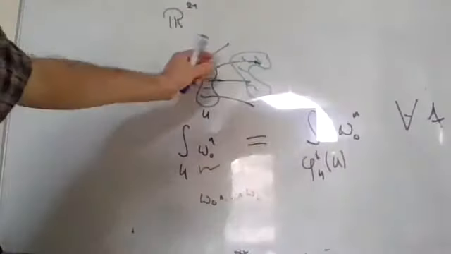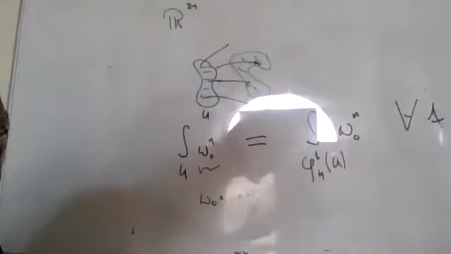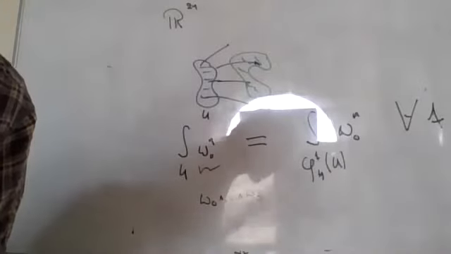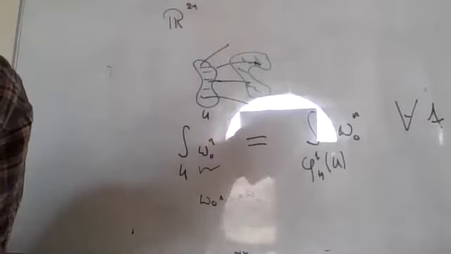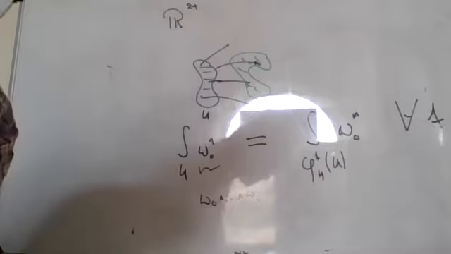Geometrically, it just means that when you flow, the volume in phase space, here R2n, and in general the symplectic manifold, is unchanged. Okay?